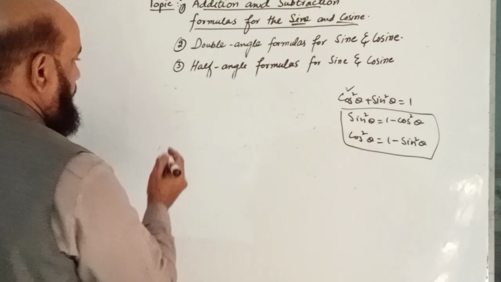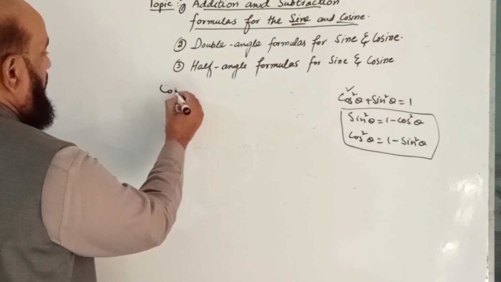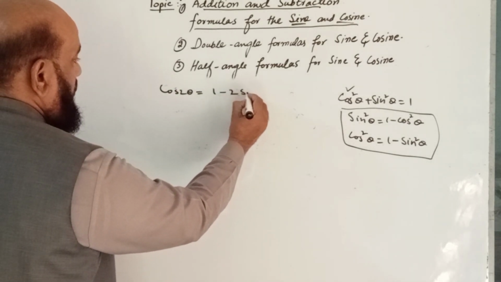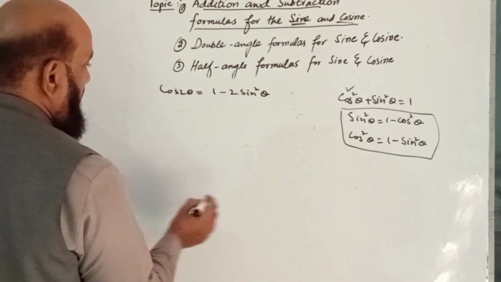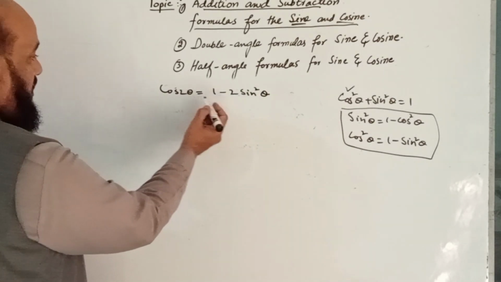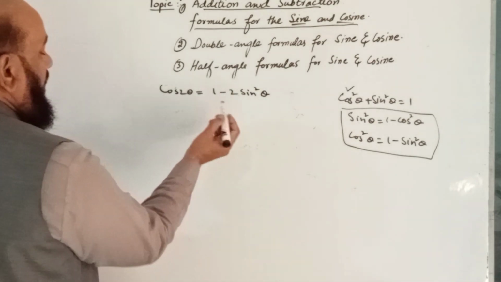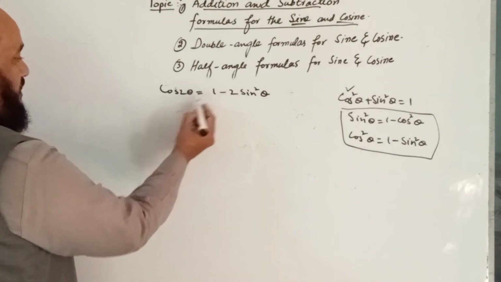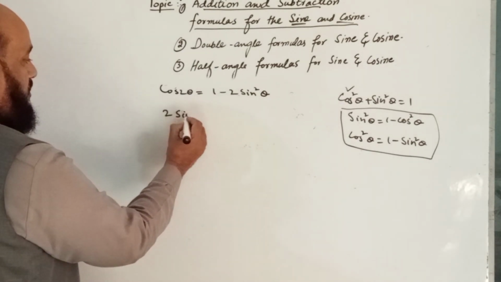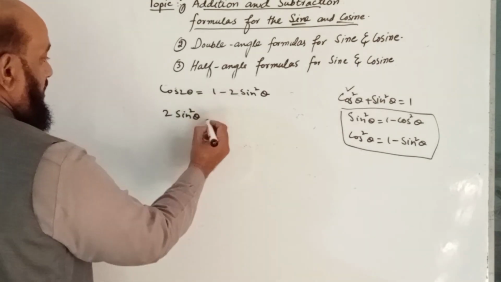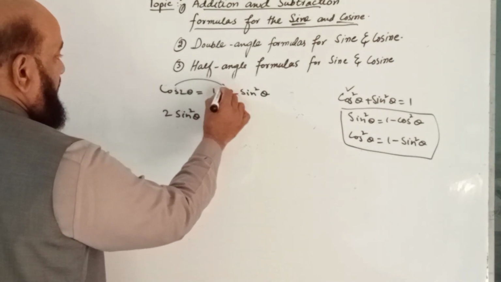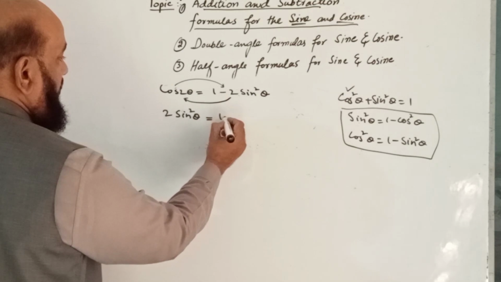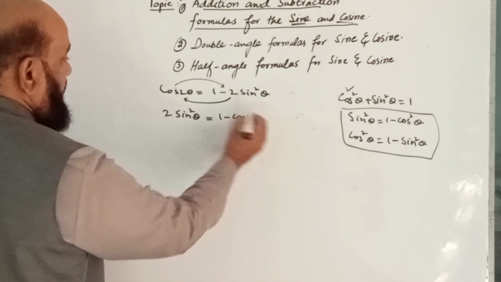We know that cos of 2 theta is equal to 1 minus 2 sin square theta. I have already proved before cos 2 theta is equal to 1 minus 2 sin square theta. If we take minus 2 sin square theta on the left hand side, the sign will be changed. We get 2 sin square theta is equal to, and this will be removed on right hand side, and I have taken this on left hand side, 1 minus cos 2 theta.